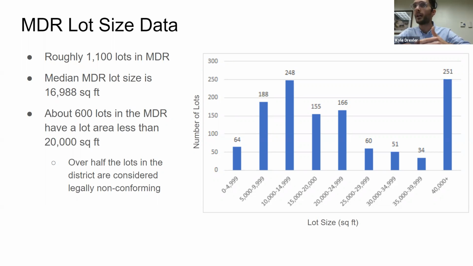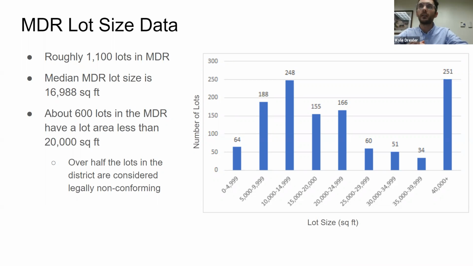So if you recall, the requirement right now to create a new lot in the district is 20,000 square feet, but the actual median lot size is only between 16 and 17,000 square feet. That means about 600 lots right now in the MDR district have a lot area less than our minimum requirement, which makes them all legally non-conforming, which basically means you wouldn't be able to create those lots today, but because they were in existence before that standard went into place, they're allowed to continue to exist.